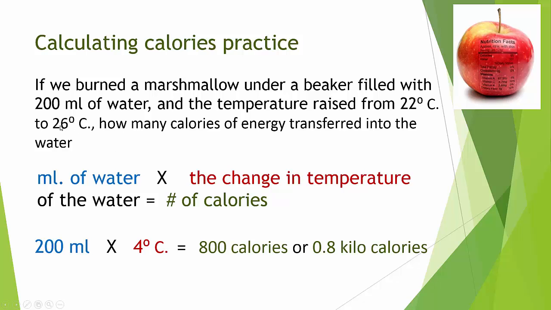So you take 26 and subtract 22. That ends up being 4 degrees Celsius. So you multiply the 200 milliliters times 4 degrees, and that would equal 800 calories. Or we could say that it's 0.8 kilocalories, because remember, we have to divide by 1,000. We divide 800 by 1,000, we get 0.8. Let's try another example.